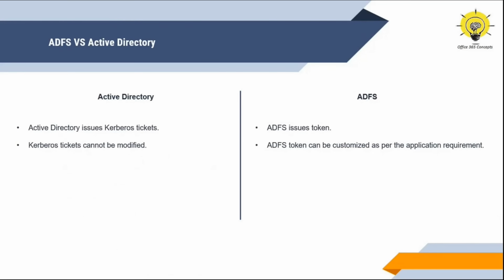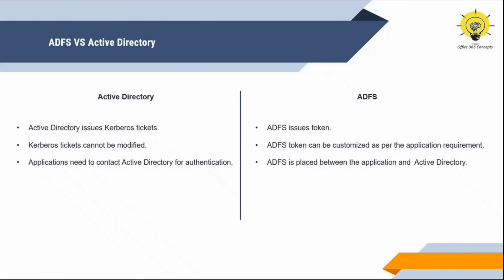In Active Directory, applications directly contact Active Directory for authentication. But in case of ADFS, applications contact ADFS server because ADFS is placed between the application and Active Directory. So applications will contact ADFS and ADFS will contact Active Directory for authentication.